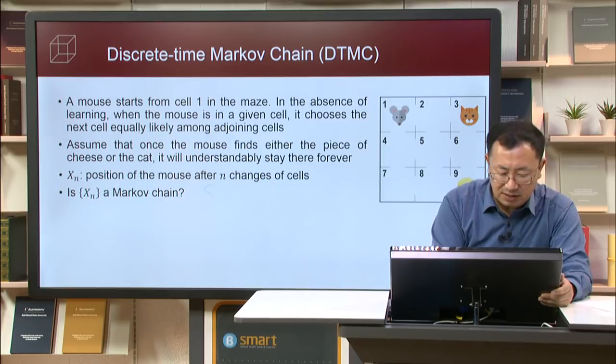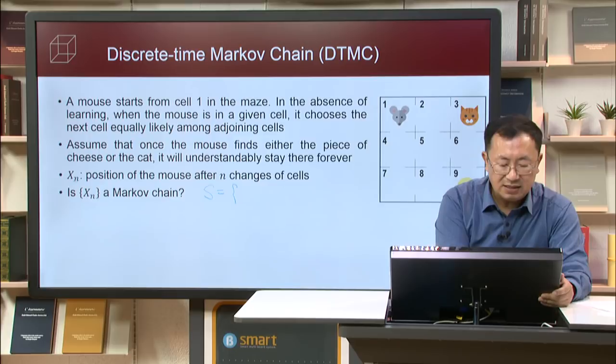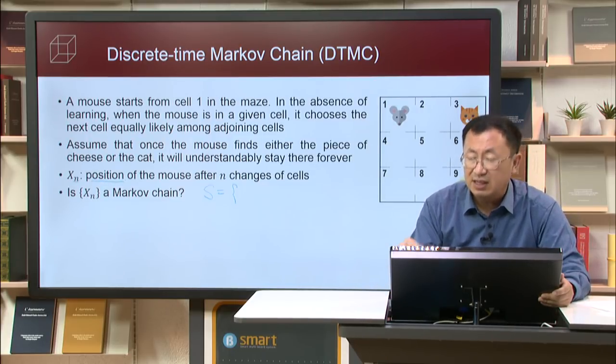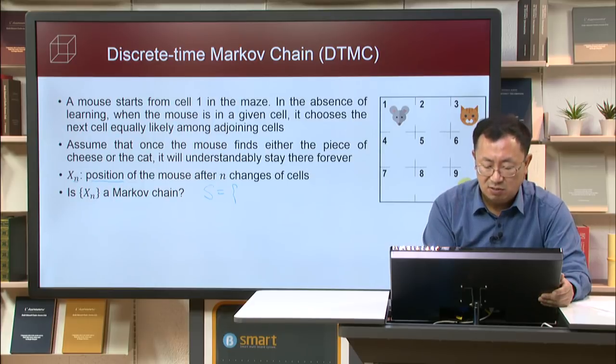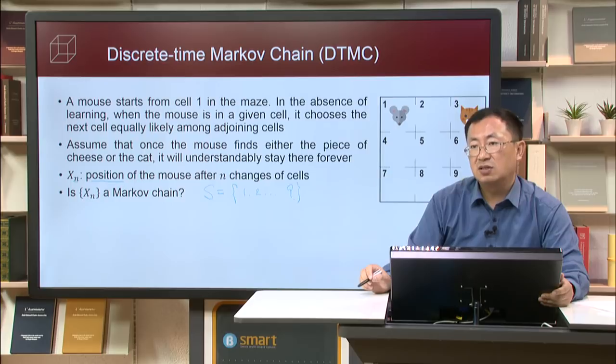So the state space in this case, because Xn takes the position of the mouse, we have the 9 possible positions, 1, 2, up to 9, right? The state space consists of the elements 1 through 9.